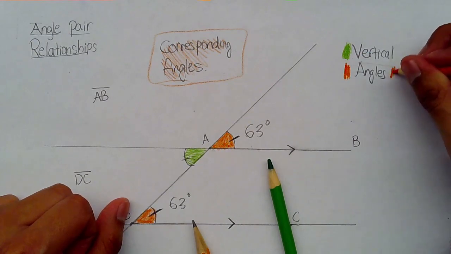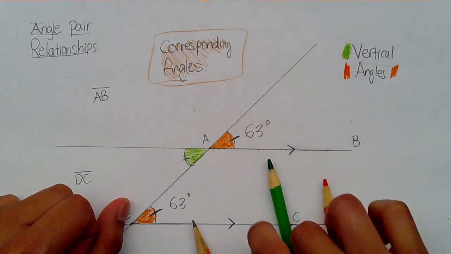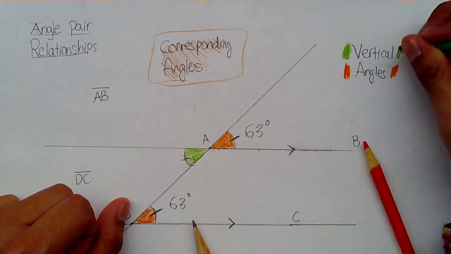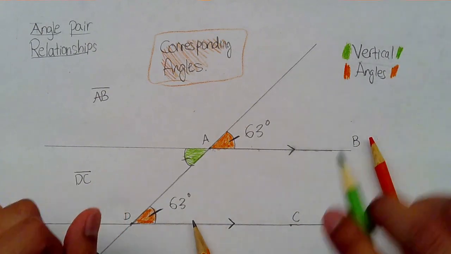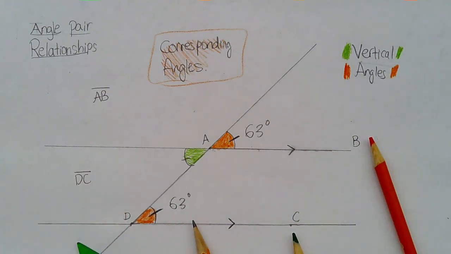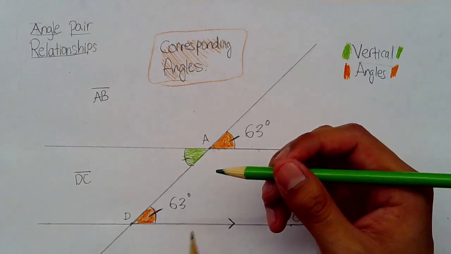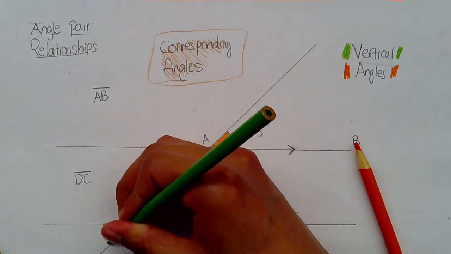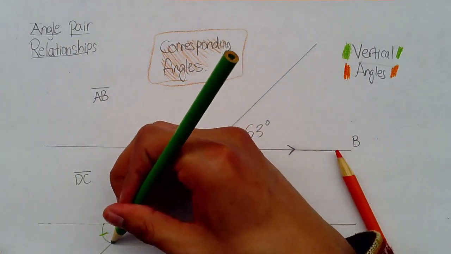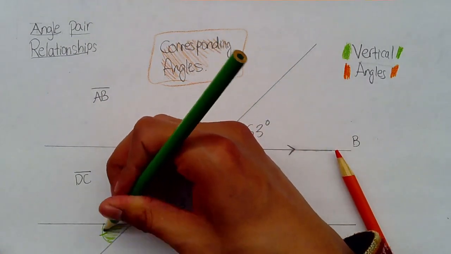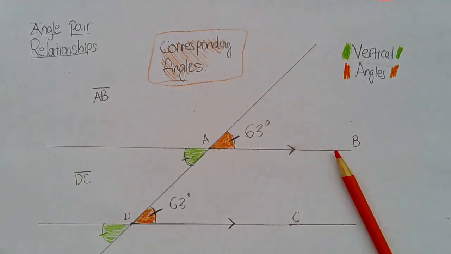These are demonstrated with the green and orange colors, whereas corresponding is just two orange angles. So I'm guessing you can figure out this angle down here is also going to be congruent to the orange angles.